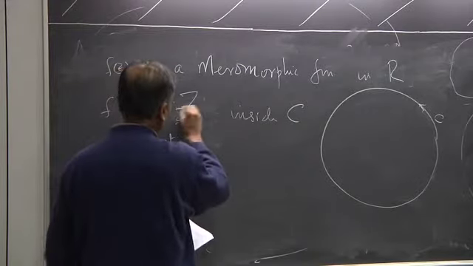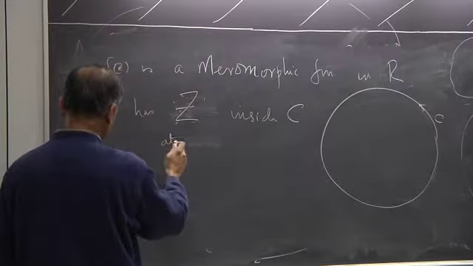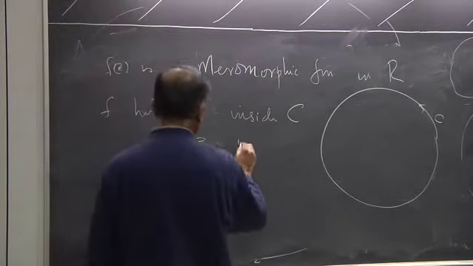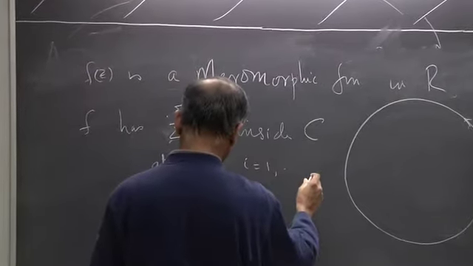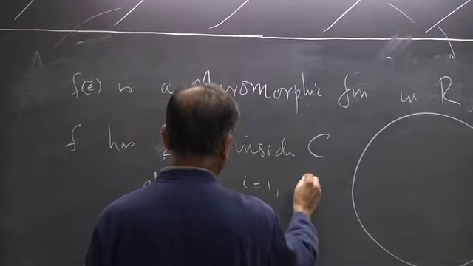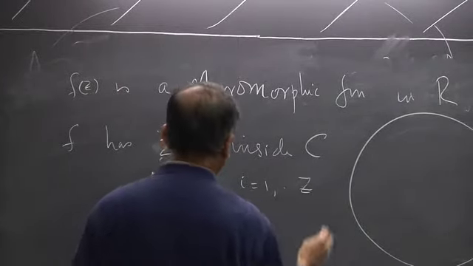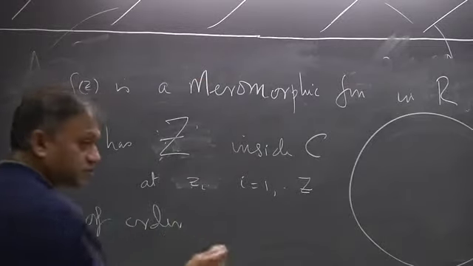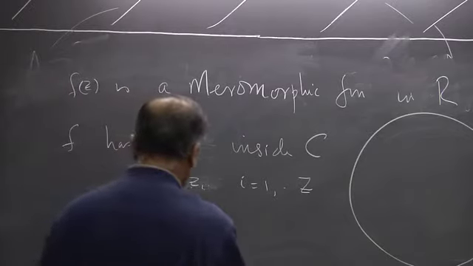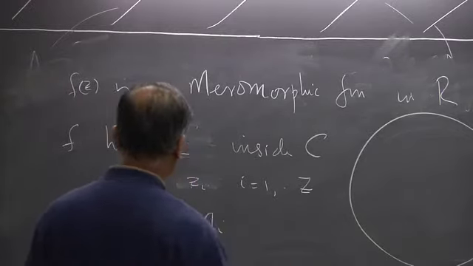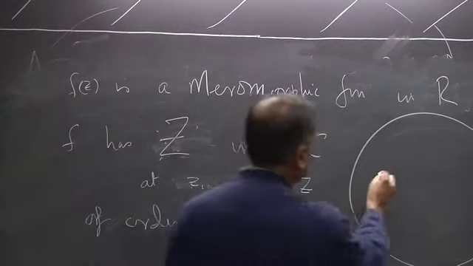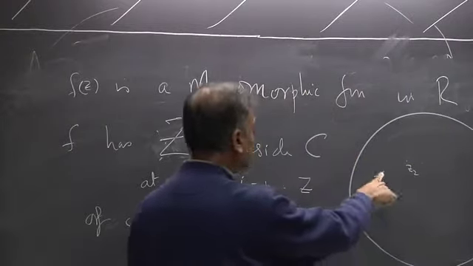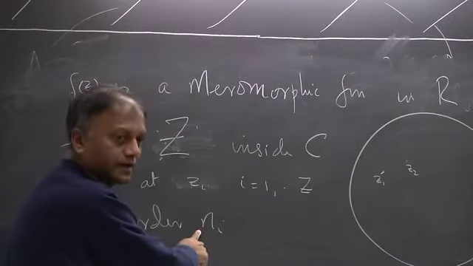So z zeros total inside C, at some positions zi, i equal to 1 up to z, of course, with order of the zero being ni. What is the meaning? At z1, this function has a zero of order n1.